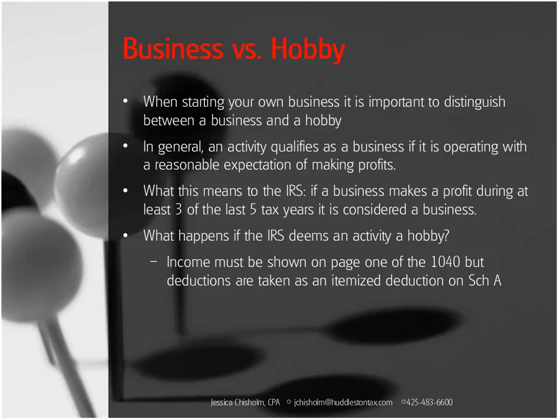This doesn't mean that you have to make a profit in order for your business to qualify as a business rather than a hobby. For the IRS, they say that if a business makes a profit during at least 3 of the last 5 years, it is considered to be a business. However, if your business is operating 5, 6 years and you're still operating at a loss, it doesn't mean that the IRS is going to automatically say you have a hobby.